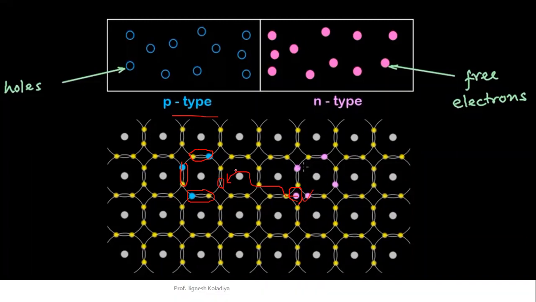So in this way, this is only for one atom, you have added many more atoms, so a number of electrons are coming over here, so that here negative potential is developed, and in this case positive potential is developed. Understood, everyone?